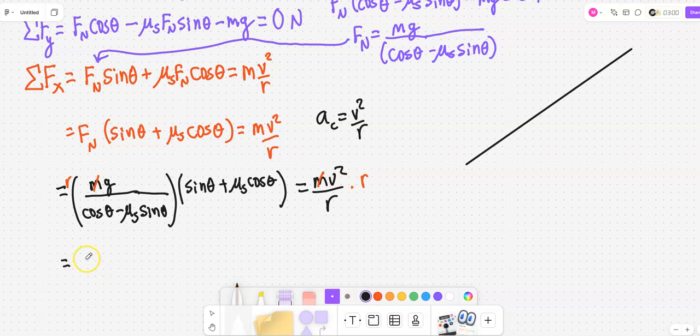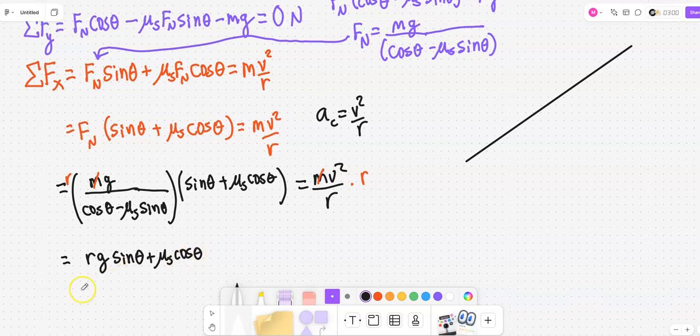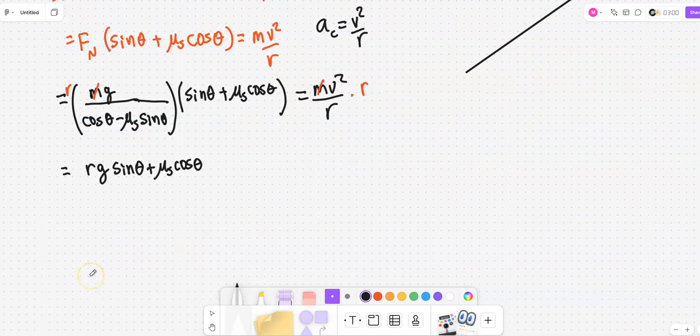So that would be r times g times this quantity here, sine of theta plus mu s cosine of theta. You might actually see this written gr. I derive the formula every time, so it really switches up for me. So make sure you have that and group together in parentheses.